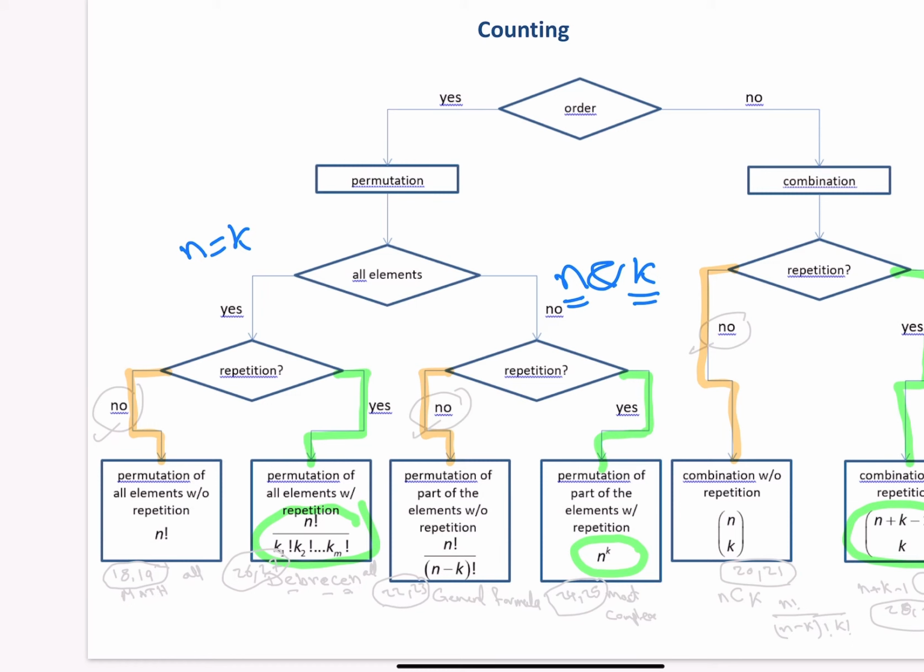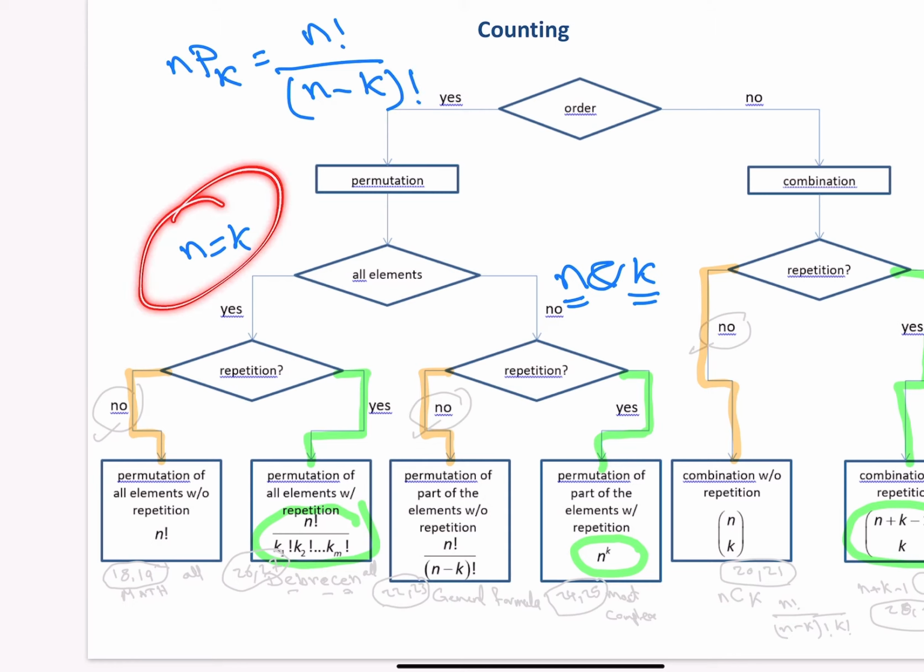So I use the formula nPk equals n factorial divided by n minus k factorial. In the first case, n minus n equals 0, 0 factorial is 1, so n factorial divided by 1 equals n factorial. So this is the case which will be here.